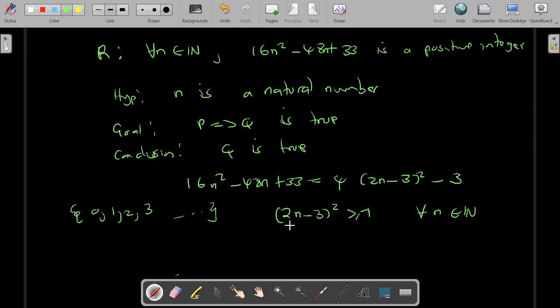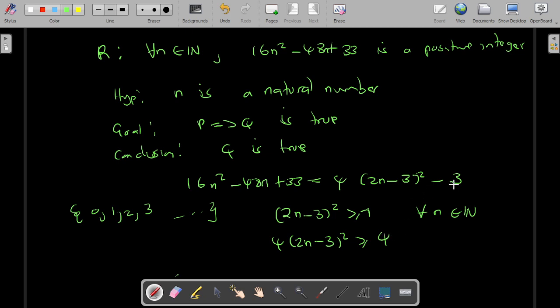If I multiply by 4 on both sides of this inequality, what am I going to have? I'm going to have 4 times (2n minus 3) squared greater than or equal to 4. This implies that the 4 times (2n minus 3) squared is also positive, because it's greater than or equal to 4, which is a positive number.